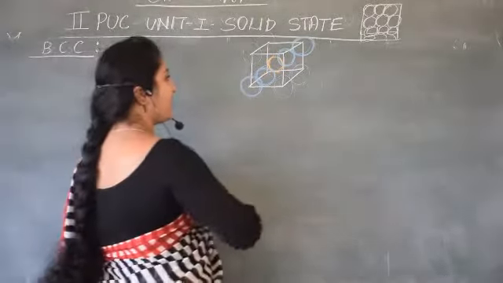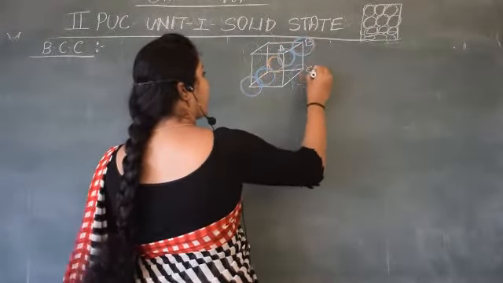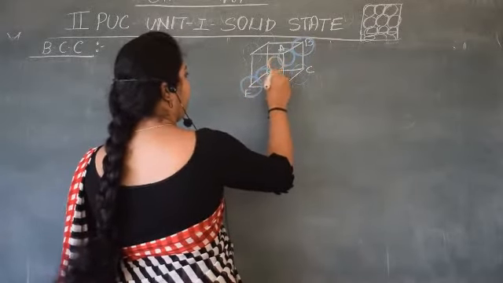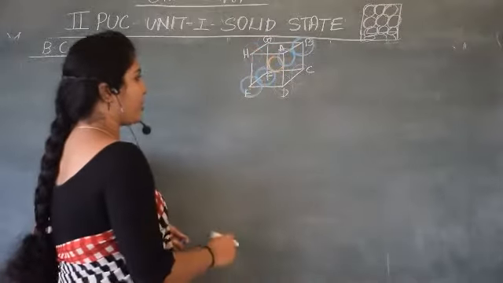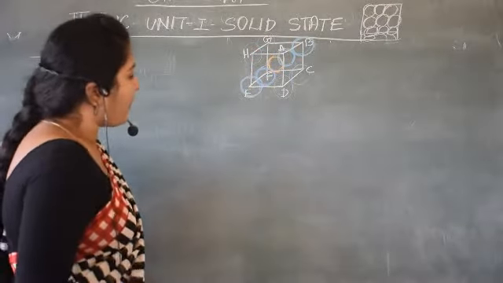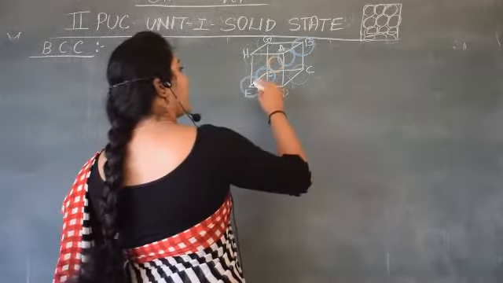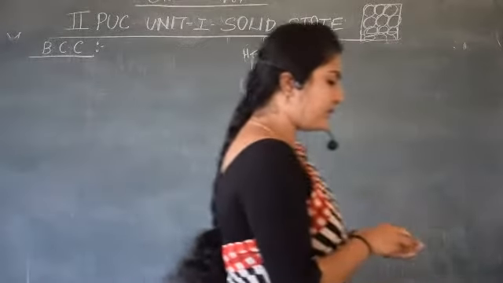Again, name it A, B, C, D, E, F, G and H. Here in this arrangement, you see this is diagonal arrangement of particles.